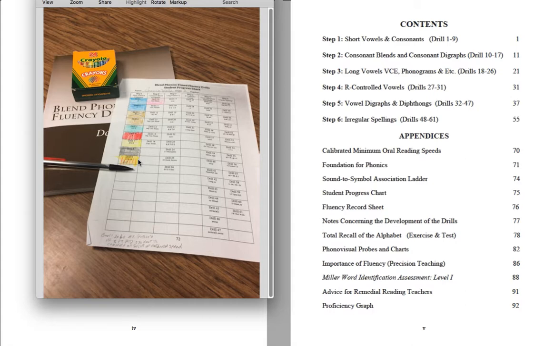The first is going to be an introduction to my book, very briefly, just to let you know what's inside of it and what to do with it when you get it, how to use it. And then the second half of the video, which is going to be a lot longer. So the first part, just stick with me, it's just going to be a few minutes. It's going to be a short introduction.